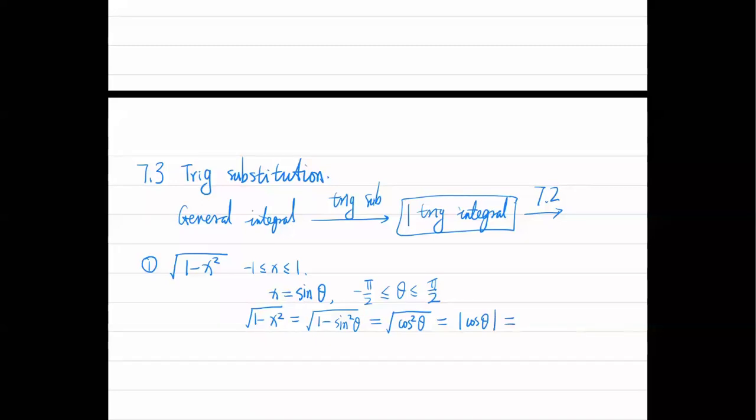The interesting thing in this setting is on this interval, what's the value of cosine on this interval, negative pi over 2 to pi over 2? Could it be negative?